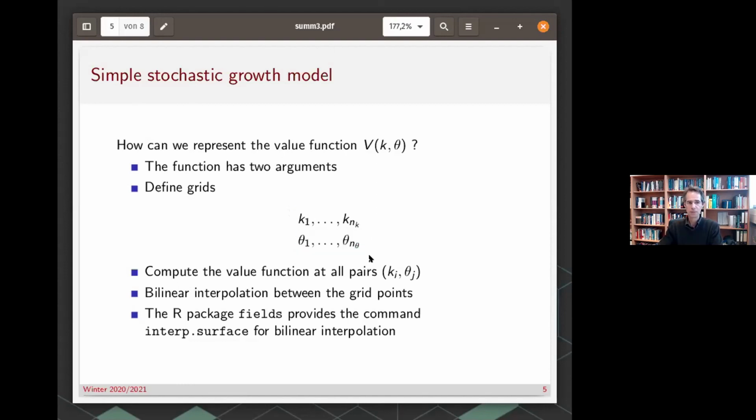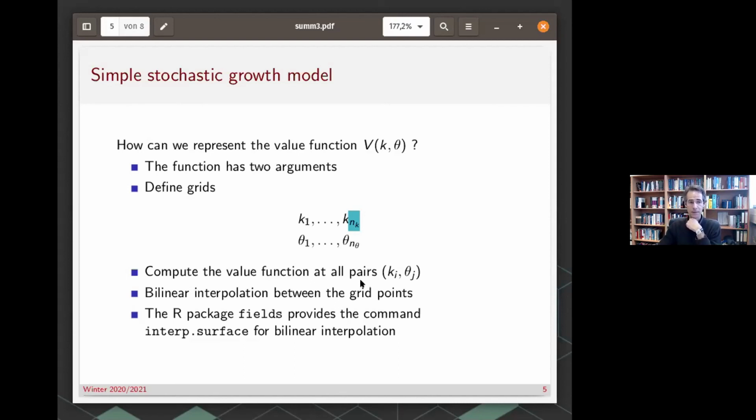Both of them should be reasonably fine. And then having two grids, we can compute the value function at each pair. So if we have nk grid points for the capital stock and n theta points for the technology level, then we have nk times n theta pairs.